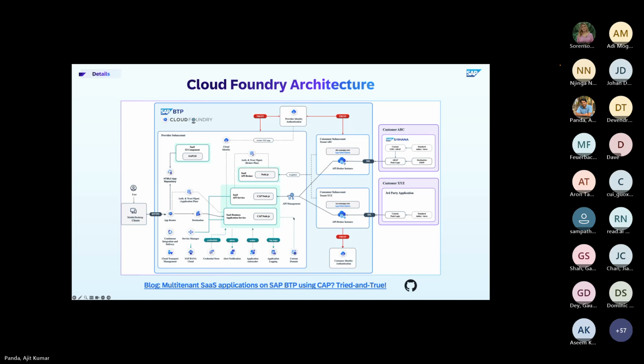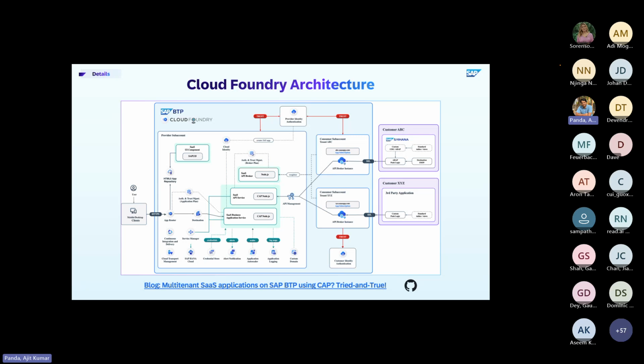Also, note that the communication to your SaaS application could happen in different ways. One is your SaaS application pulling data from consumer systems, customer systems. Of course, this is where the destination service is connected, and from the consumer subaccount you are pulling the details from their systems.